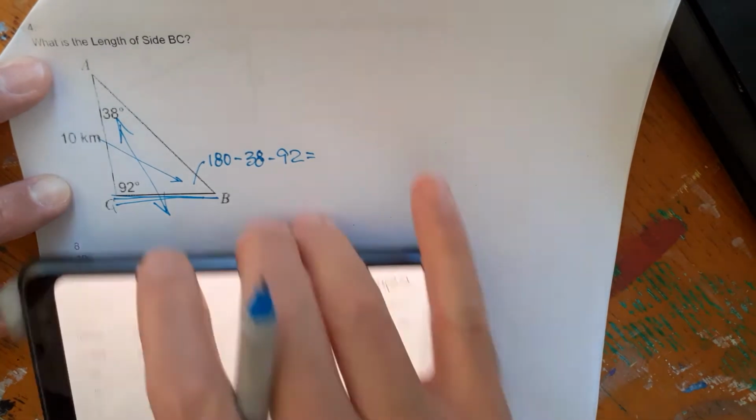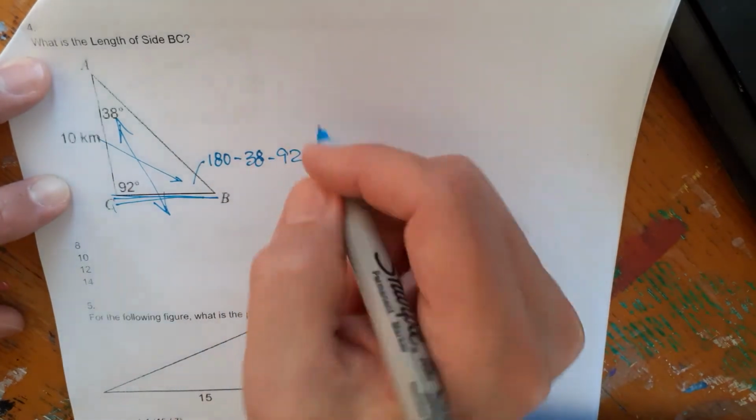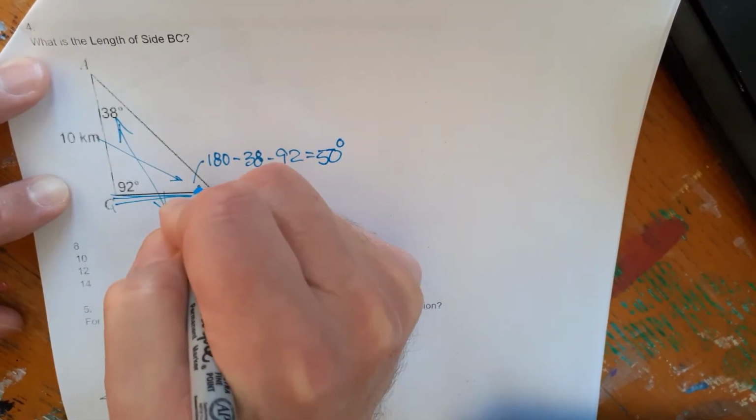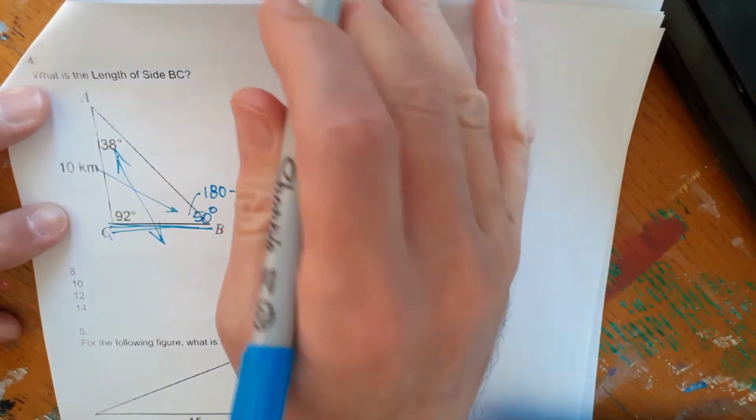Okay, so let's do that. 180 minus 38 minus 92. Looks like 50 degrees. So this one's going to be 50 degrees here, right? This is 50 degrees. We now have sine A. Let's write this out.